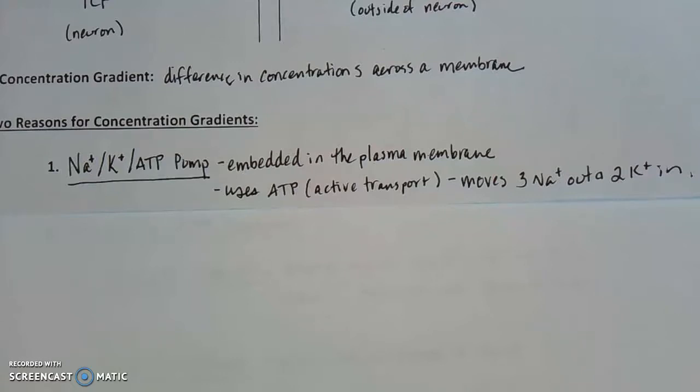It's extremely important in a neuron because it is a form of active transport. It uses ATP and it moves sodium out of the cell and potassium in against the concentration gradient. Potassium normally wants to go out of the cell, but the pump pumps it back in to maintain that concentration gradient.